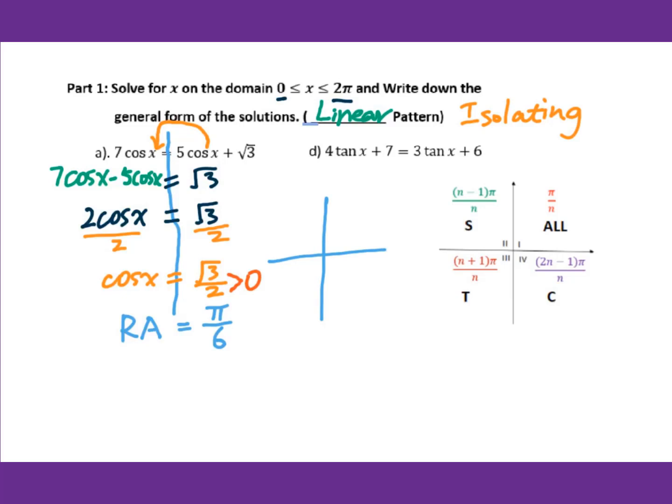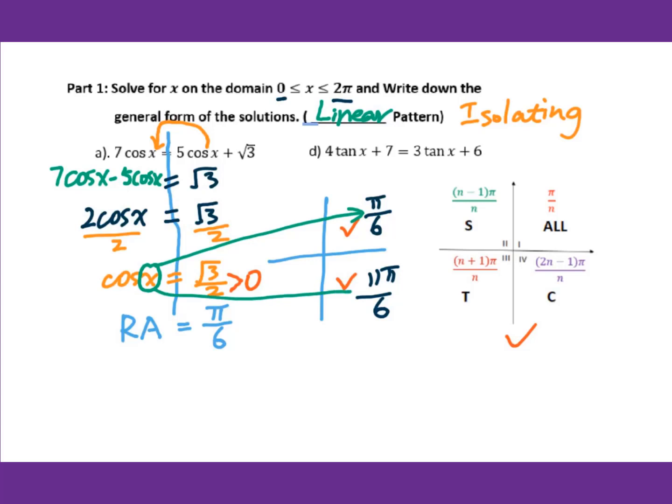According to this diagram, all students take calculus. We know in the first quadrant and the fourth quadrant cosine is positive. We got pi over 6 and then 11 pi over 6. Therefore, this x will be equal to pi over 6 and 11 pi over 6.